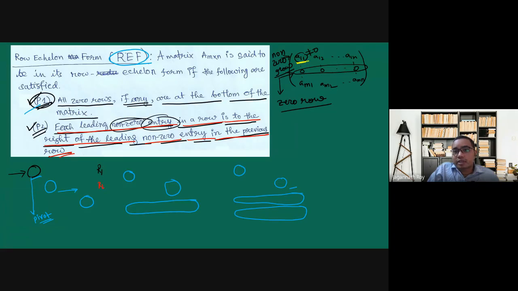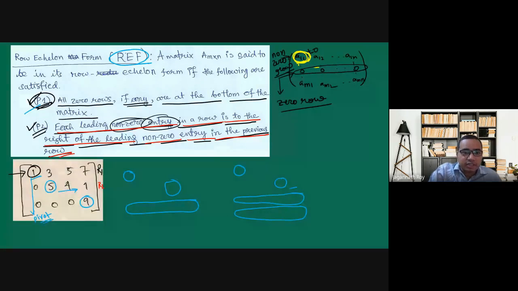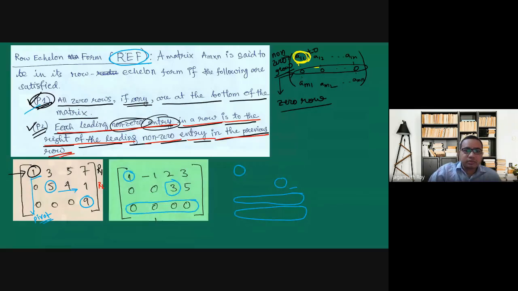This is our first non-zero. Suppose this is non-zero. Since it does not have any previous row, we'll keep it as it is. Now we have to check the second. Let us see the example.